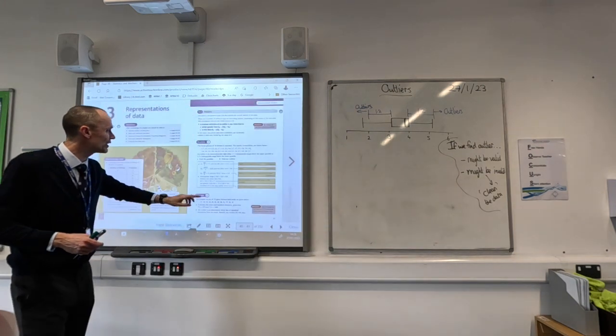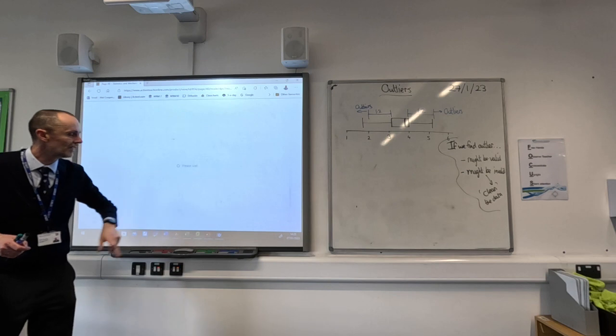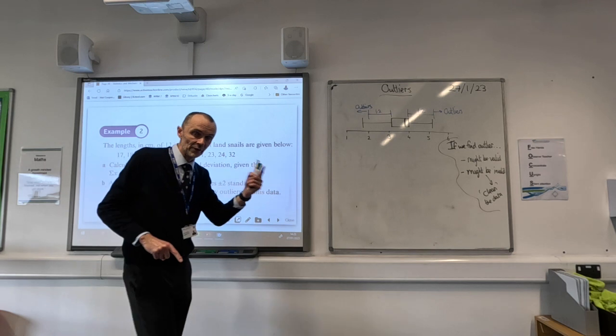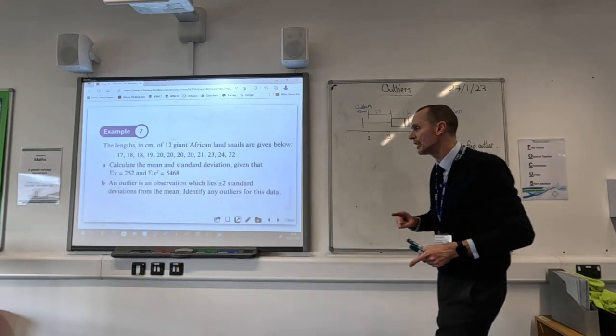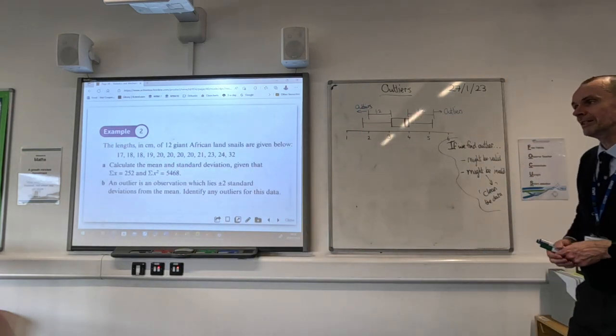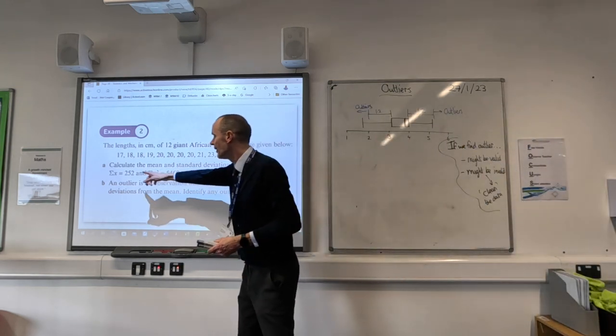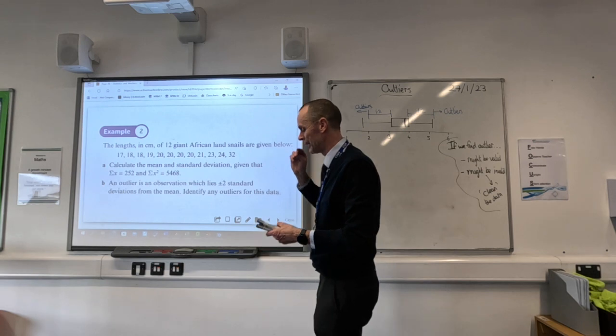Okay, the definition of outliers varies. So here, an outlier is a value that's 2 standard deviations or more above the mean, or 2 standard deviations or more below the mean. We're given the summary statistics.